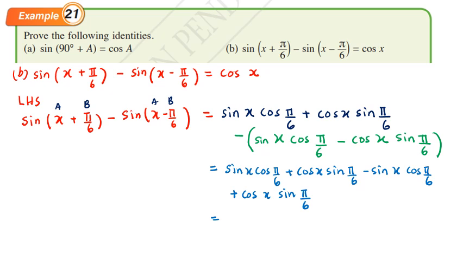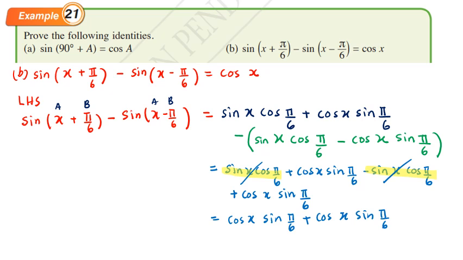Okay, so kita tengok semula. We found that this one is sin x cos pi over 6 and this one is minus sin x cos pi over 6. So we can cancel it, right? Kita boleh cancelkan dia. Sebab habislah. So tinggal kat kita adalah cos x sin pi over 6 plus cos x sin pi over 6.